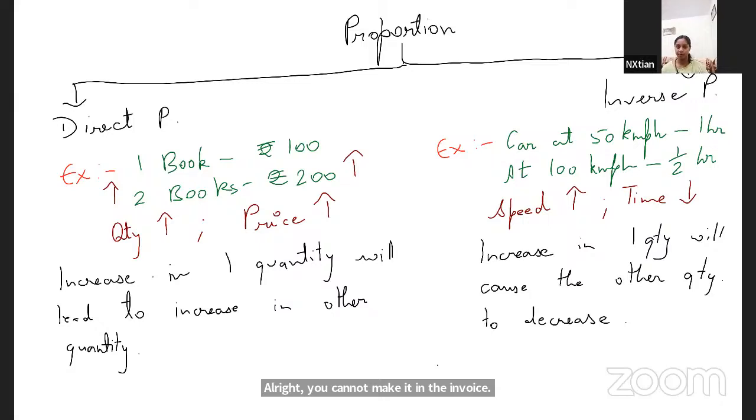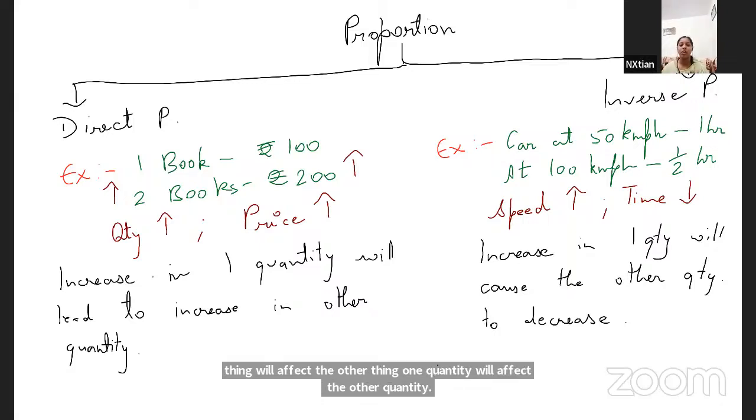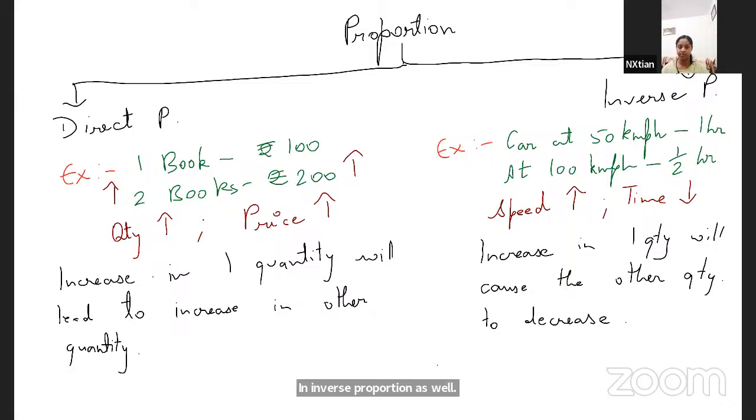But in inverse proportion, opposite effects will happen. One quantity will affect the other quantity in inverse proportion as well, but the opposite impact will happen, not a similar impact.